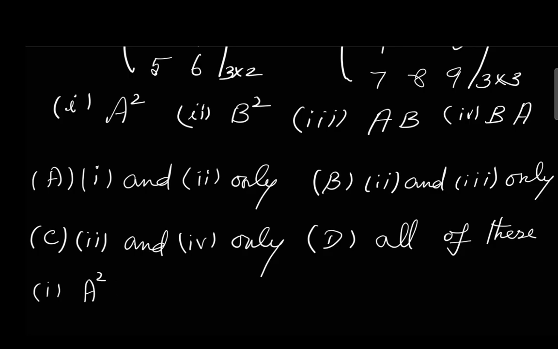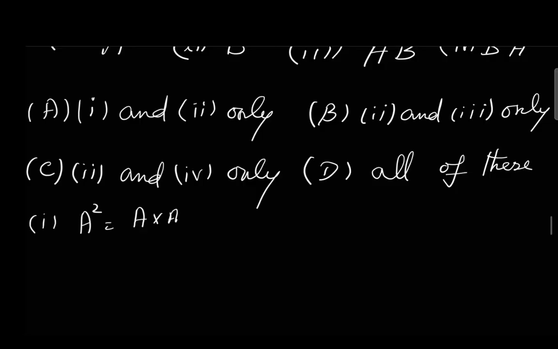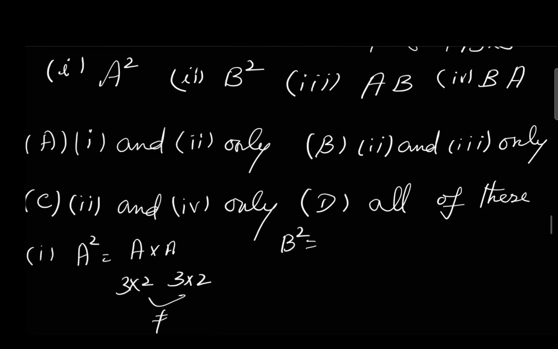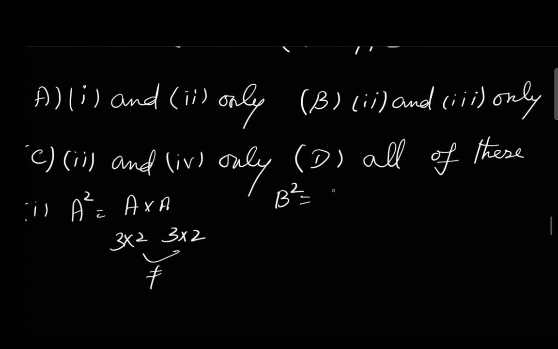A squared is A into A. So the order is 3 by 2, 3 by 2. So this is not equal, so it cannot be calculated. B squared is 3 by 3, 3 by 3. So B into B can be calculated.